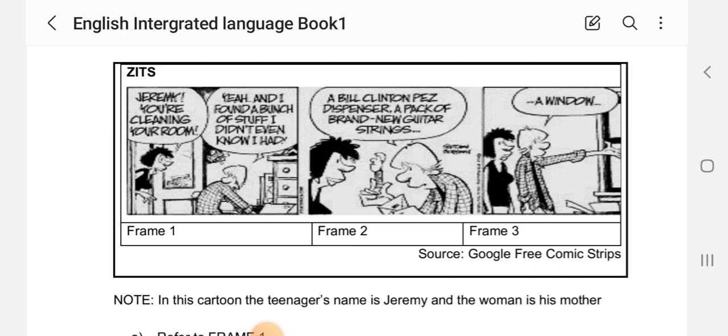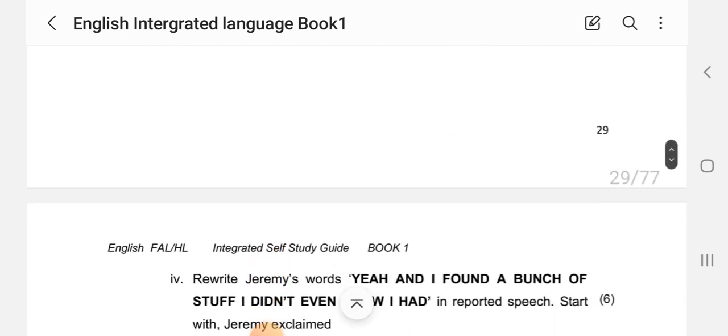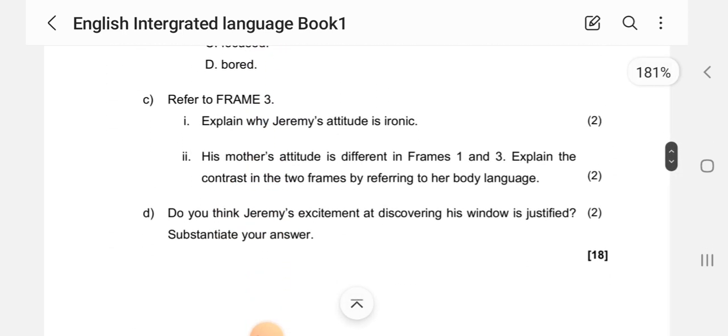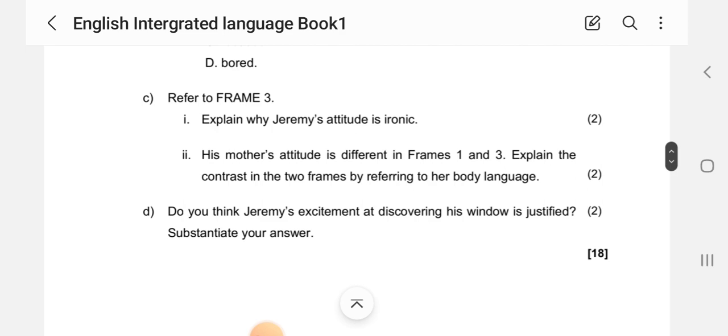So he triumphantly points to a window he thought he never had, but it's always been there, only hidden behind the mess in his room. So that is the irony. If someone had asked him, do you have a window, he wouldn't have known if he hadn't cleaned his room.